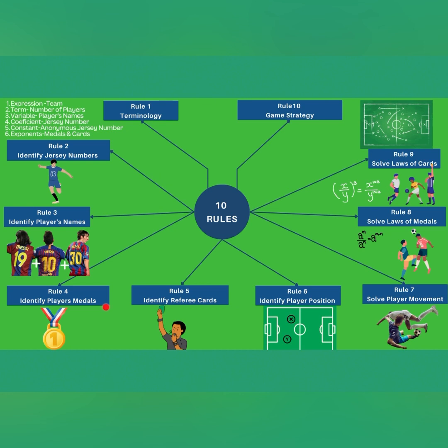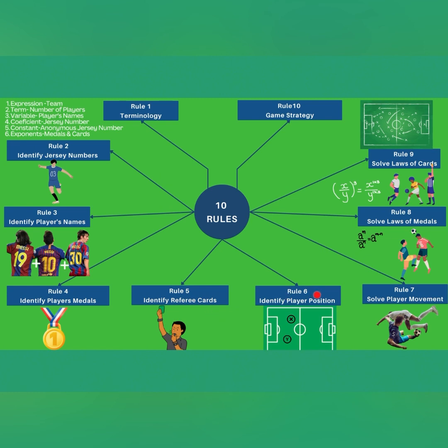We said that the exponents by the jersey numbers or the players' names are the medals. Rule number 5, identify the referee cards. We said that the referee cards are the exponents that are hanging outside the brackets. So the numbers hanging outside the brackets are the ref's cards.